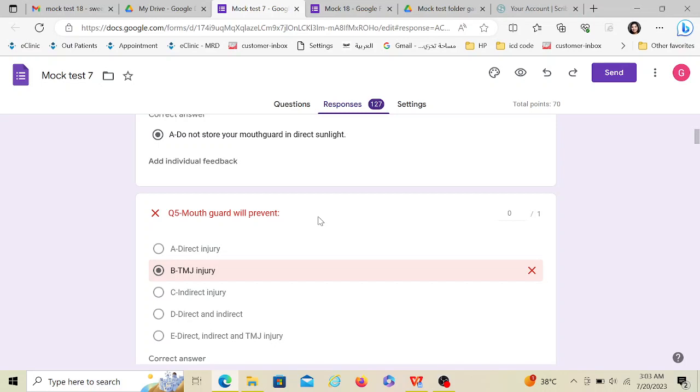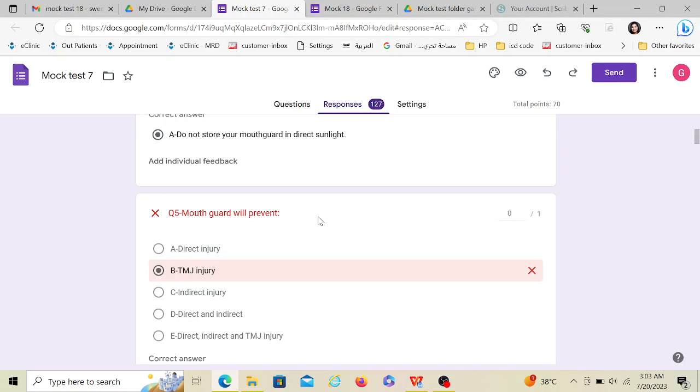The molar was not in the direct line of contact, but still it fractured. Now that is called an indirect injury. So if you're wearing a mouth guard, of course it separates both the teeth, the upper and the lower jaw, because of its design. And so when you have a fall, of course, it will prevent the direct injury. But because the teeth are not coming into contact with each other, it kind of prevents indirect injury also.